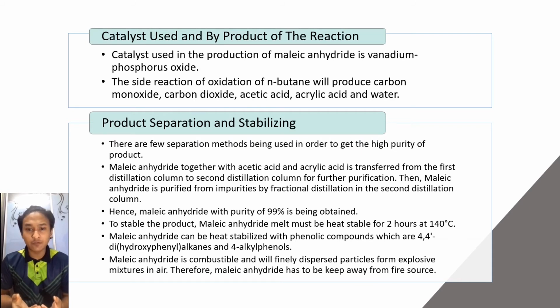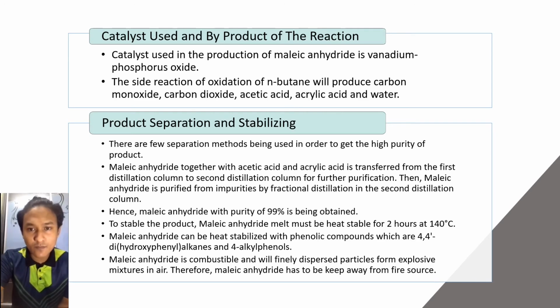Maleic anhydride with a purity of 99% is obtained. To stabilize the product, the maleic anhydride melt must be heated for 2 hours at 140 degrees C. Maleic anhydride can be stabilized with phenolic compounds. Maleic anhydride is combustible and will form explosive mixtures with dispersed particles in air, so keep the MA away from fire sources.